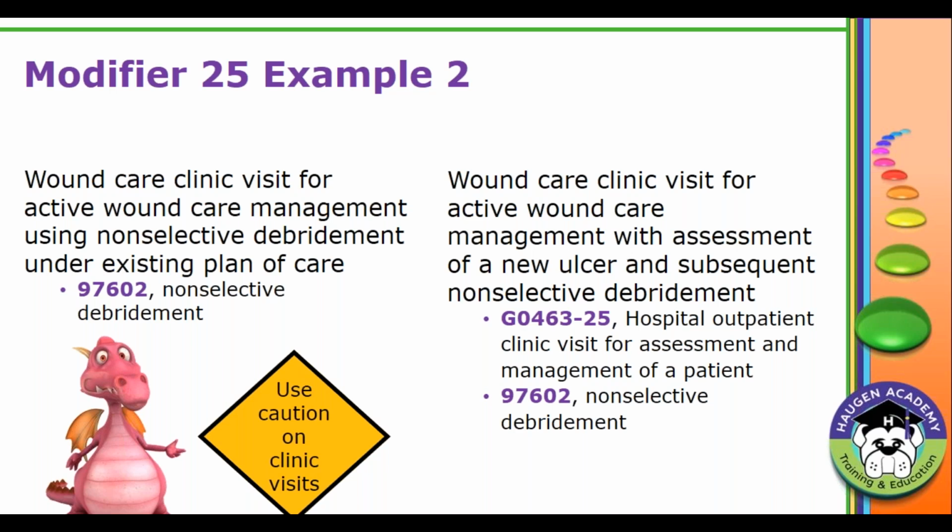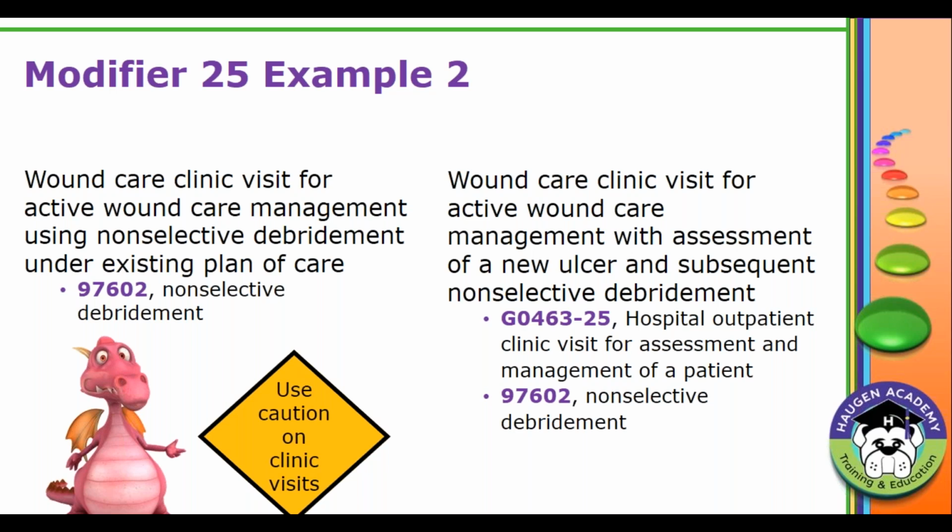So you've got wound care clinic visit for active wound care management using non-selective debridement under an existing plan of care. And the code for that is 97602. And wound care is a completely whole different webinar, by the way. As a matter of fact, we've got one in our archives somewhere that I think is still out there available for purchase.